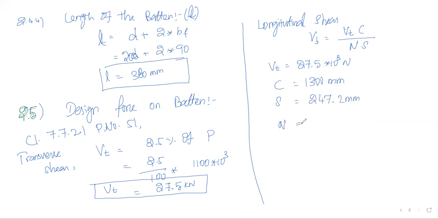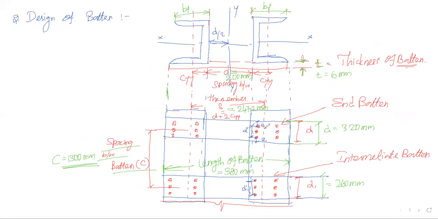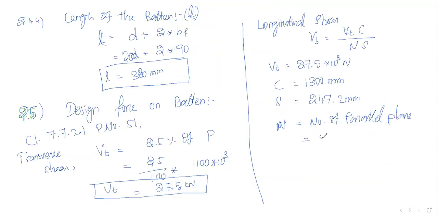N is the number of parallel planes. Here one plane is there and here another plane is there, so N is equal to 2.